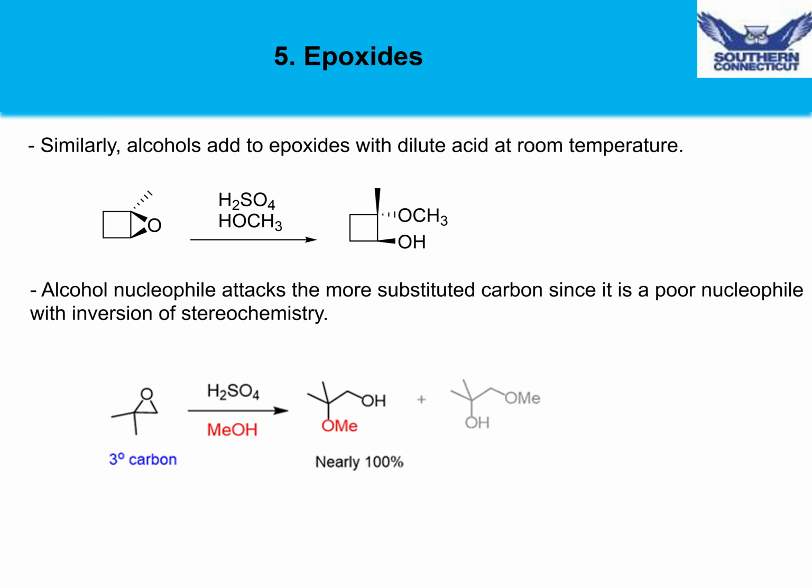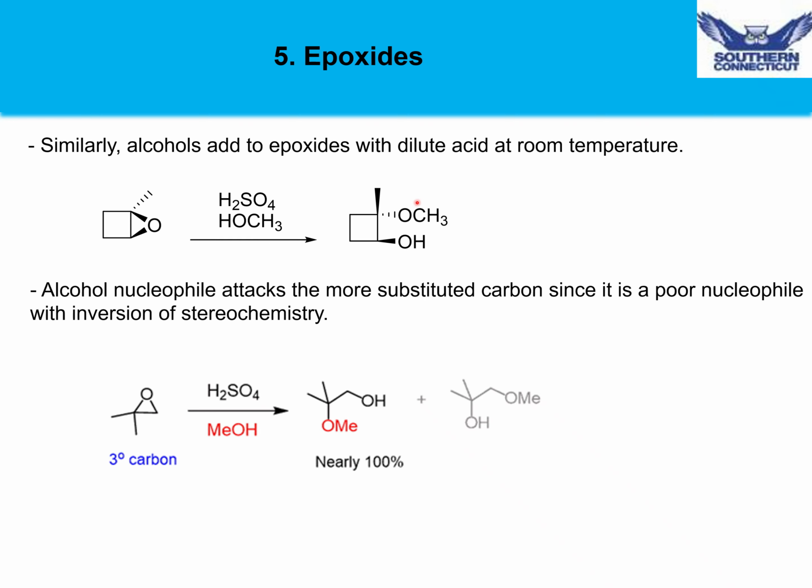Similar to water, alcohols will add to epoxides under acidic conditions. For example, methanol and sulfuric acid will lead to the acid-catalyzed ring opening of this epoxide. Initially, the oxygen of the epoxide will be protonated, and then methanol will add to the more substituted carbon through an SN1 type reaction, leading to this as a product.